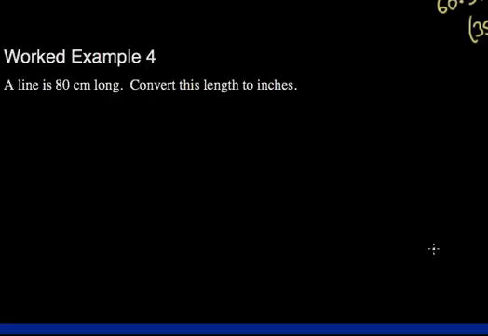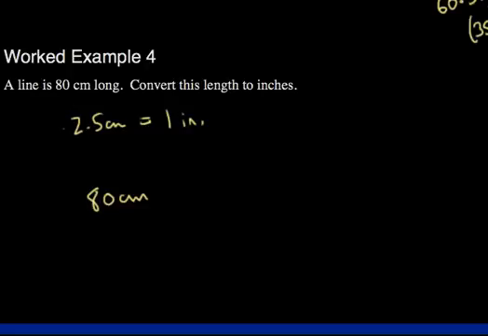In the final example, if we know that a line is 80 centimeters long, convert this into inches. We know that 2.5 centimeters we're going to say is equal to, but it's not exactly equal to, 1 inch. Now we have to convert this into 80.